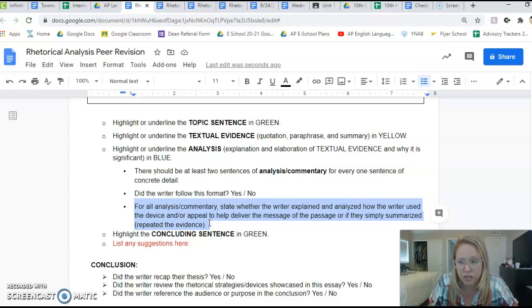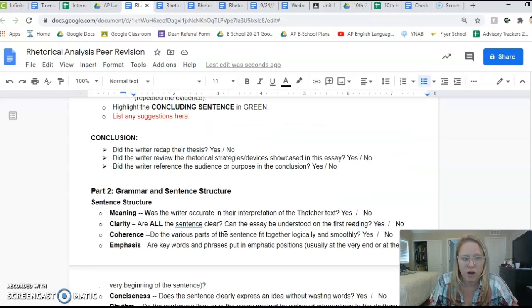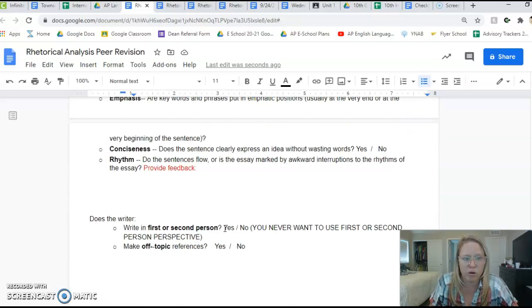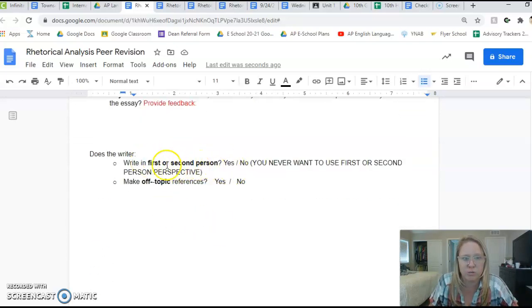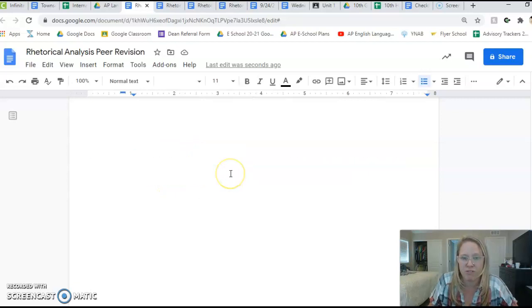Why would this be convincing to the audience? Sorry, it's the end of the day. Right, and give them feedback on that. If they put evidence in and then just summarize the evidence, let them know that, because that's where they will lose points in the rubric. All right, so you will go all the way through to this final question. Does the writer write in first person, make off-topic references?